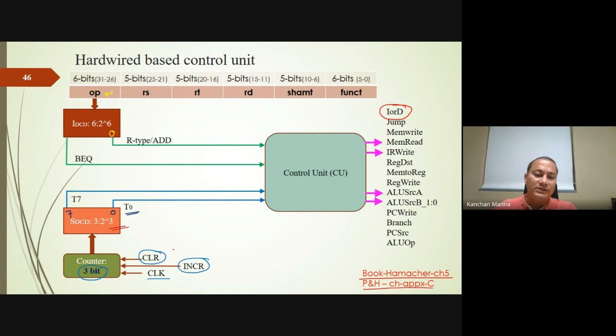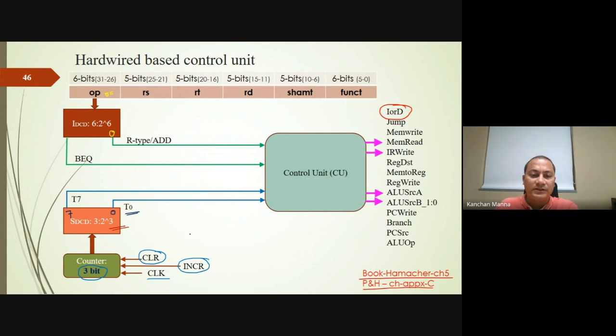Now the question is, here we have these clear and increment signals, so how do we control them? After finishing the execution of one state, we have to say go to the next state, and then specify the next state.